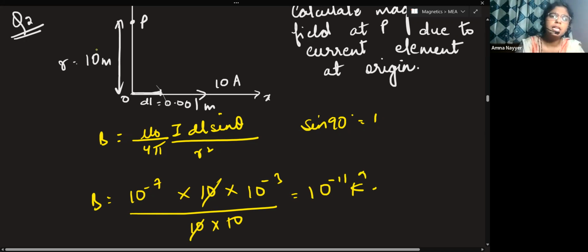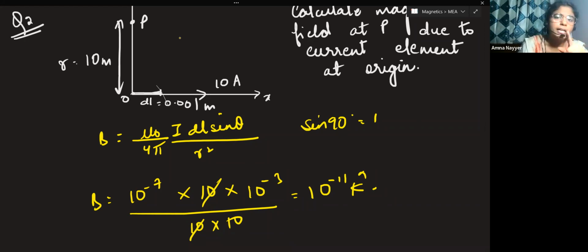Simple answer. Everything was given in terms of point one and zeros only, so calculation was easier. And yes, Khalid, the magnitude you were getting initially when it was 0.01, that was also right. 10 to the power minus 10 should come that time. But right now the answer is 10 to the power minus 11 K cap. Note this down, then we'll move forward.